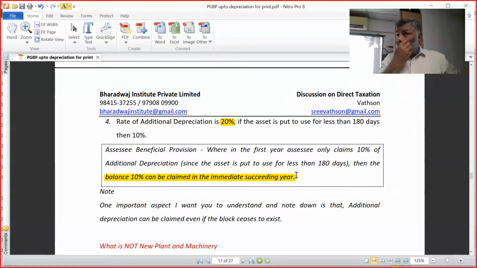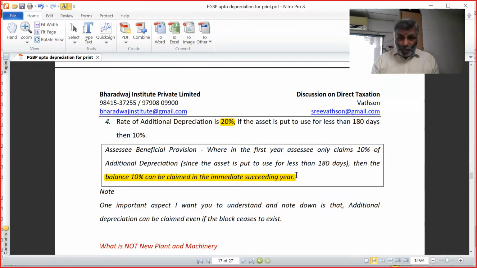Later, when we study 115BAB, we are going to say you cannot claim additional depreciation. I'm just giving you a small hint: we cannot claim additional depreciation if an assessee is opting for 115BAB. Last year I purchased the machine and in the second half claimed only 10%.